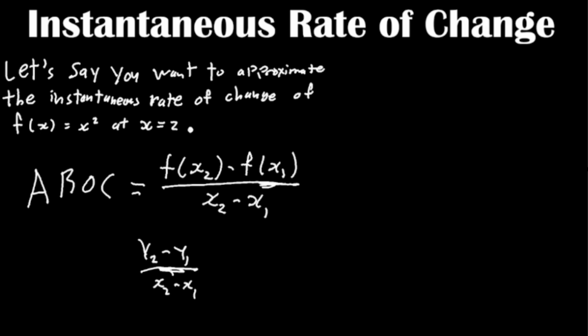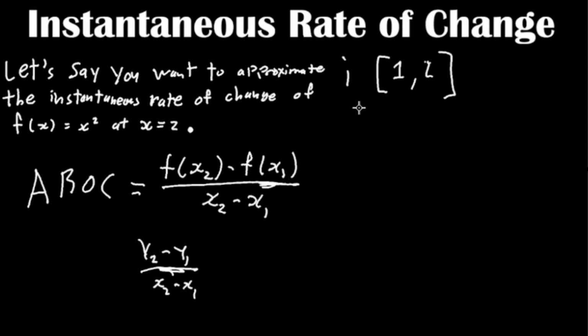Anyways, so let's say for our first interval, let's go from 1 to 2. Remember, our function is f of x equals x squared. So to get f of x, you just take the input and square it.